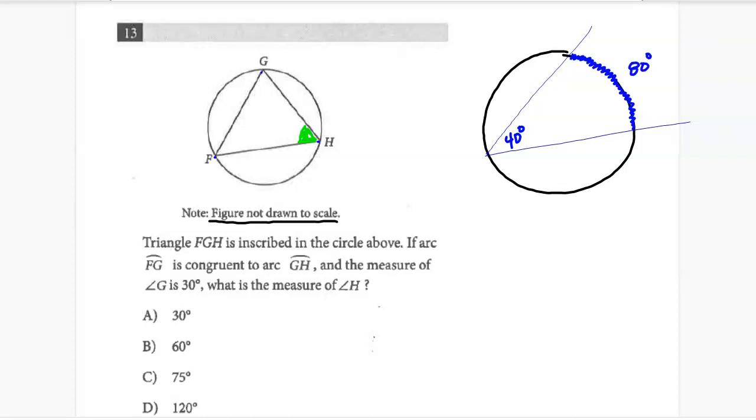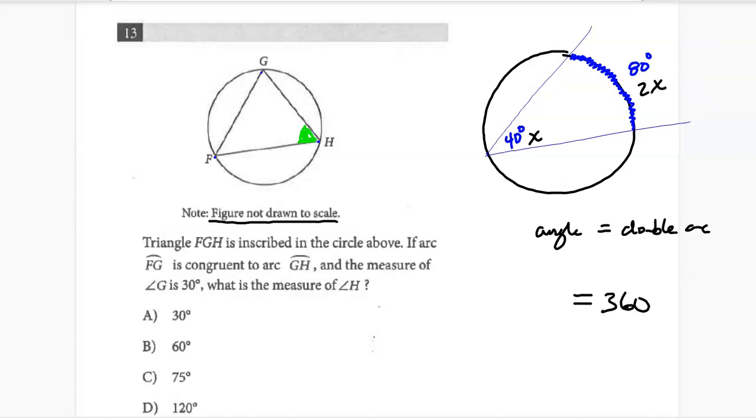It should be 2 times. So in general, whatever the angle is, you double the arc. The angle is double the arc. And one thing you should also know is that all the arcs around a circle should equal 360 degrees.